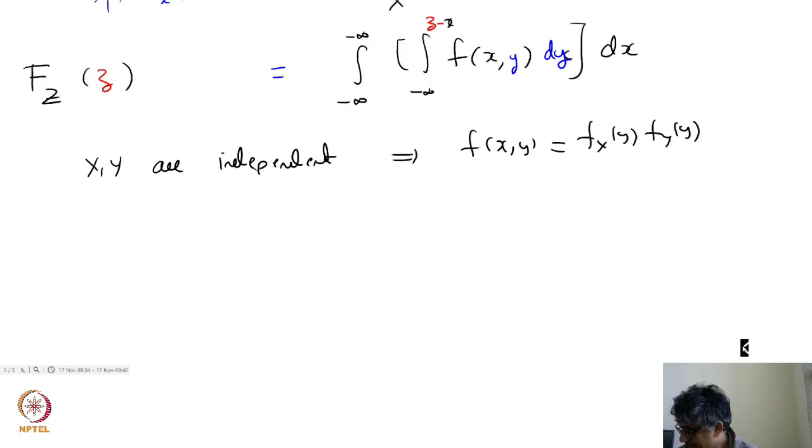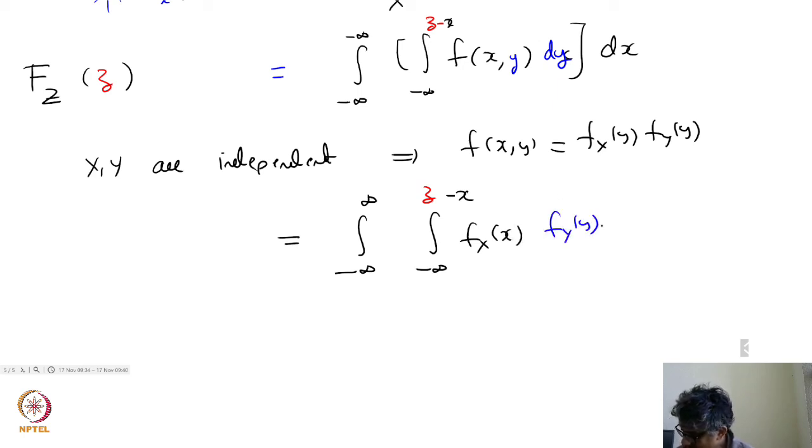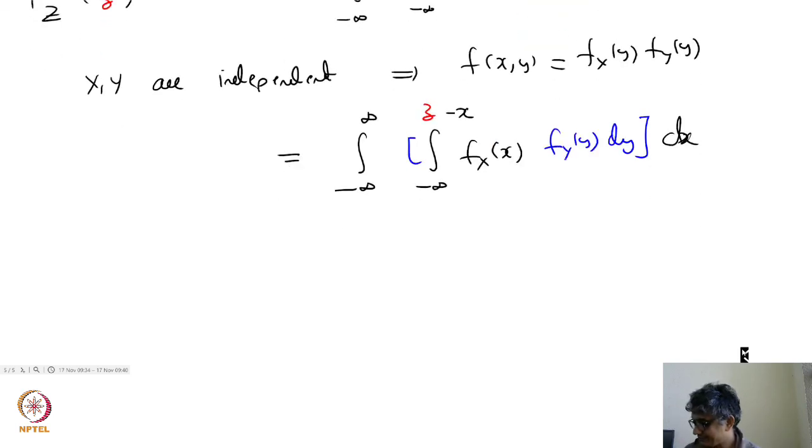So you put that in, so the above is equal to the integral from minus infinity to z minus x, I have f sub X at the point x, and then I'll have an f sub Y at the point y, dy, and the whole thing times dx. That's just the joint density.